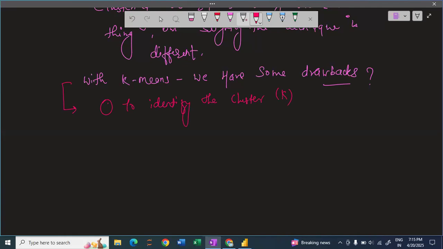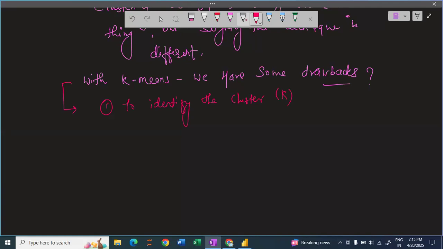Sometimes it may fail to make the perfect cluster. And sometimes, with the problem of looping, the clusters may change again and again, and the position of the data points will change. So the problem is to identify the clusters.